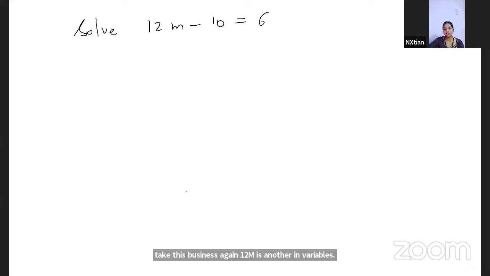That was solved. 12m minus 10 equals 6. Again, 12m is a number with a variable and 10 is just a number. We'll take it to the other side.